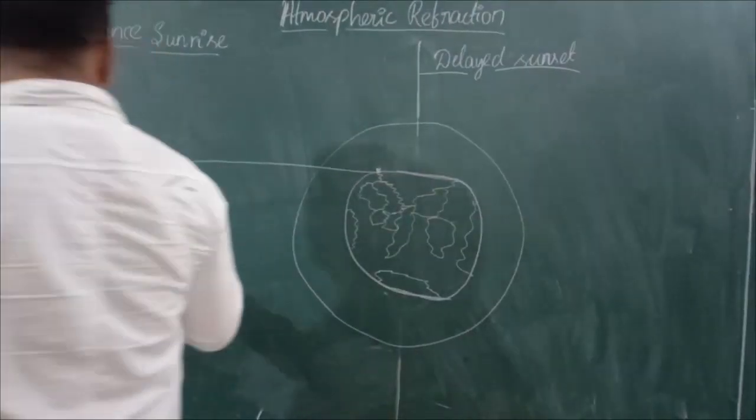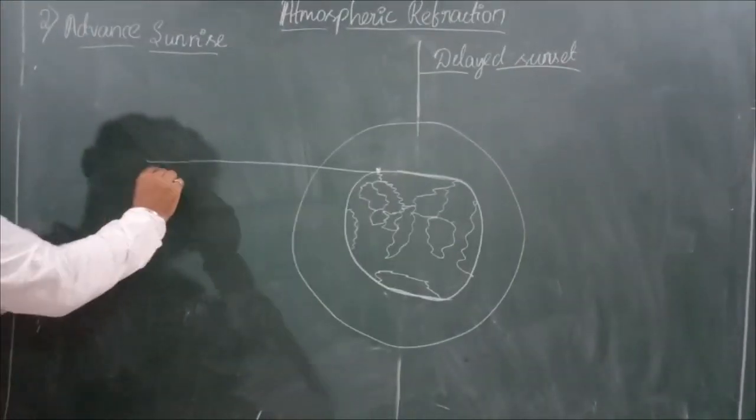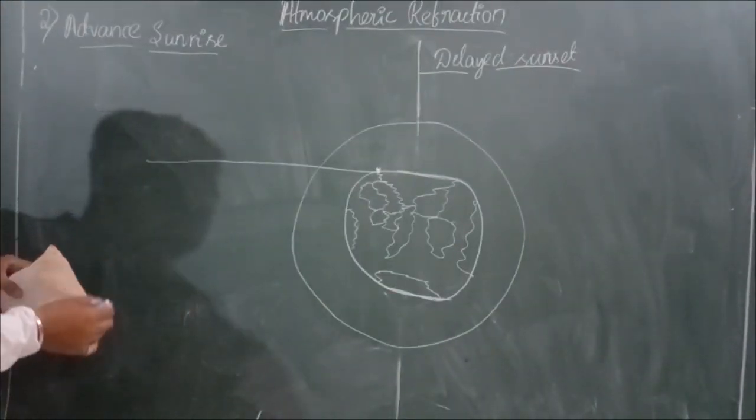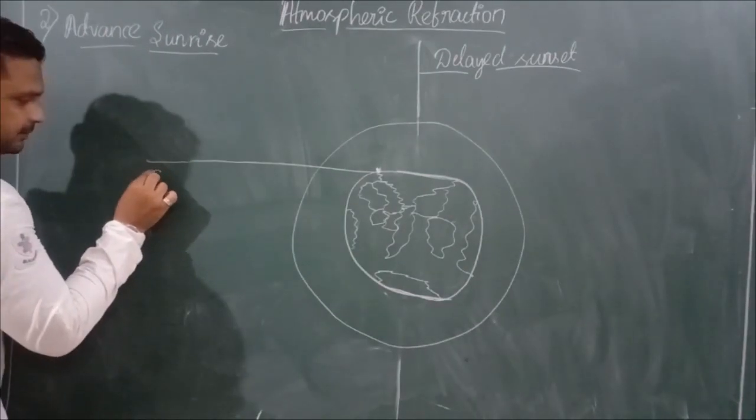The person can only see the sun when it is above the horizon, that is the sunrise. So what happens when the sun is just below the horizon?